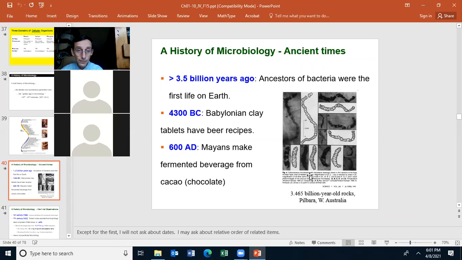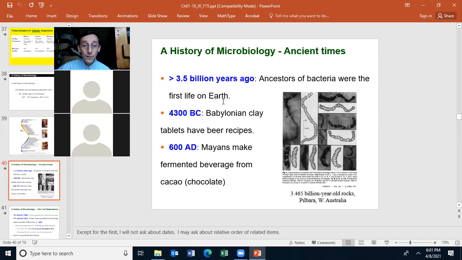And then 600 AD, the Mayans recorded the fermentation of a beverage from cacao, which is chocolate. We would call it chocolate today. They made a fermented beverage of chocolate, and that would be the second thing I'm going to talk about in the history of microbiology.